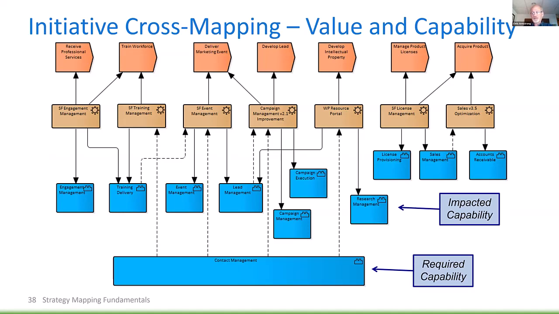The other thing that we want to be mindful about is that, and we've chosen a slightly different line style to represent this, the impacted capabilities are the ones that have solid lines, but the required capabilities are the dashed lines. And required capabilities is one of the dimensions that we often see in project plans and project charters, which are assumptions and dependencies.